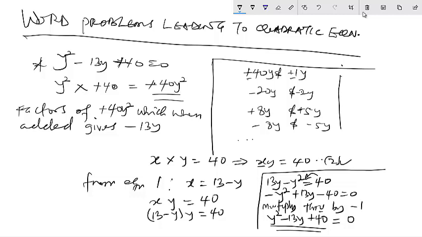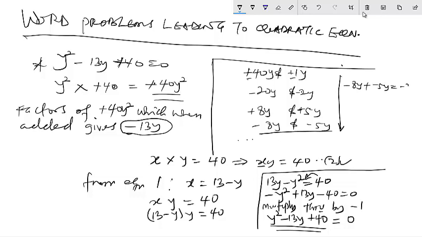From all of these factors, which one will give you minus 13y when added? If you add 40y and y, you get 41y. It doesn't give you minus 13y. If you add any of these, it doesn't give you minus 13y until you add minus 8y plus minus 5y.